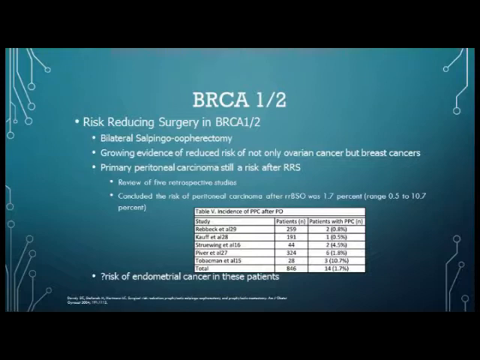Then there's this question of endometrial cancer risk in BRCA patients, still being sorted out. It's mostly thought to be associated with BRCA1. It tends to be more associated with high-grade endometrials, like a serous or carcinosarcoma.